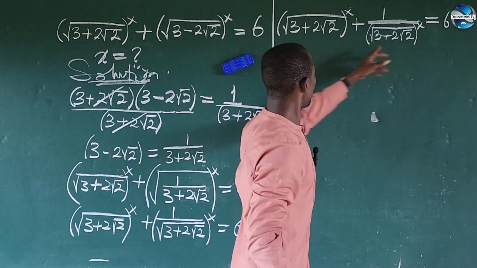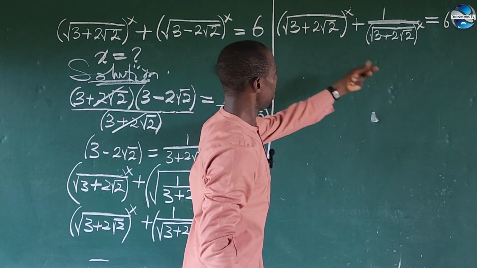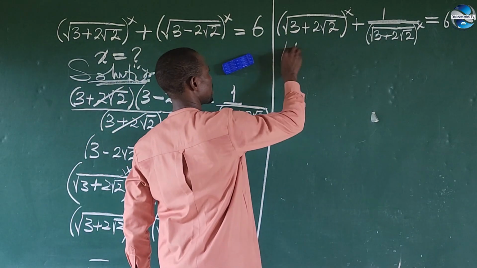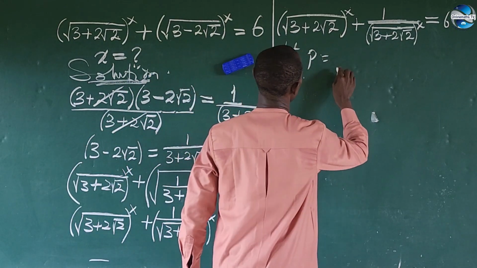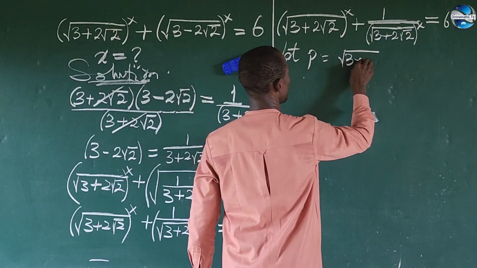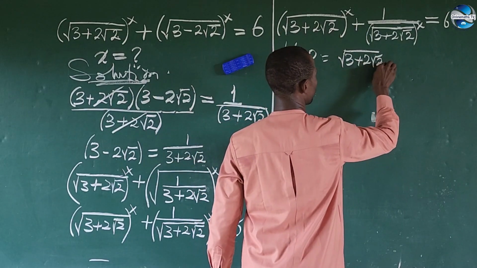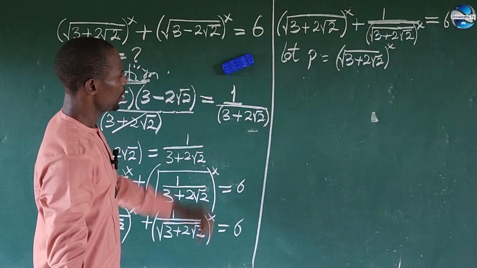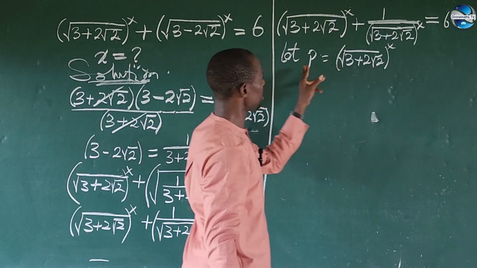So what we do here now, we discover that what we have here is the same thing we have in here. All right, so from here we can now say let p be equal to the square root of 3 plus 2 root 2 to the power of x. Easy. Whenever we see this expression, let's put in p there.